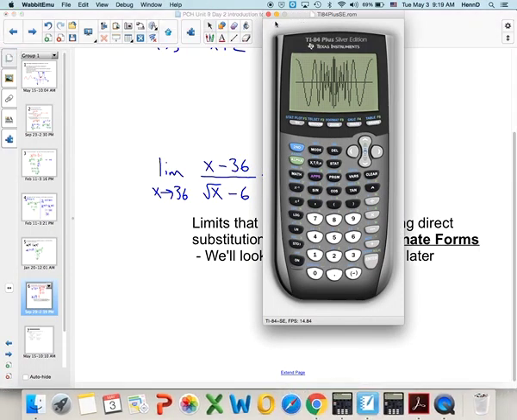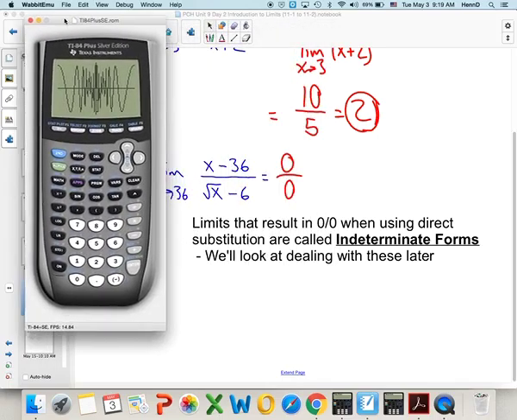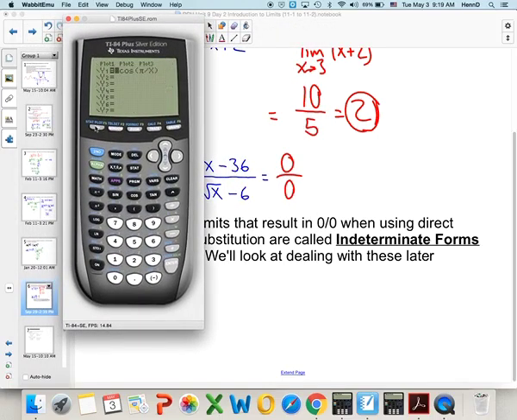If we wanted, we could try it on our calculators. You know, we could, with the table function, enter x minus 36 divided by parentheses square root of x minus 6.